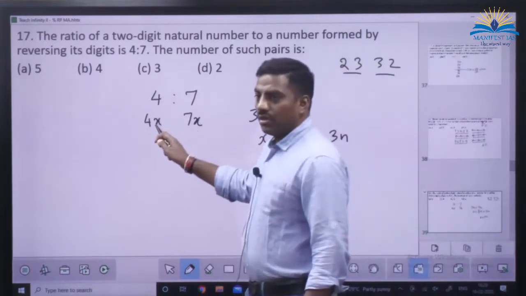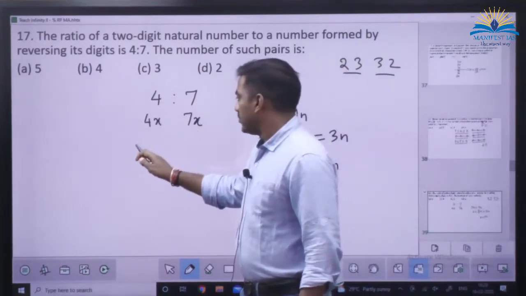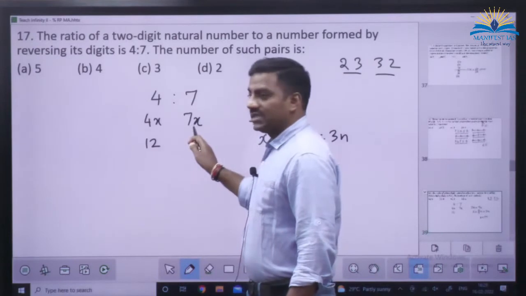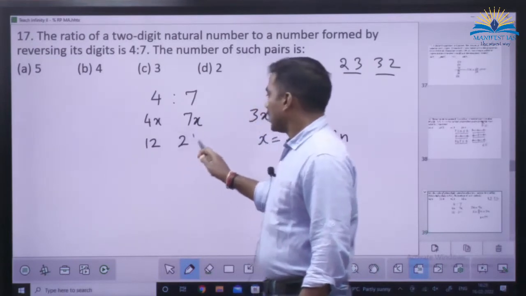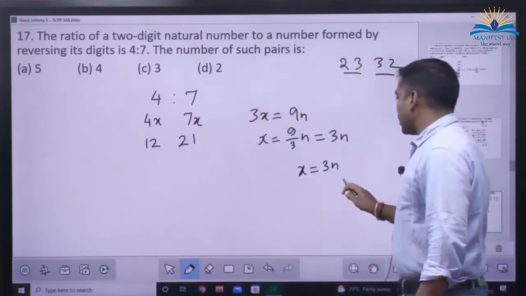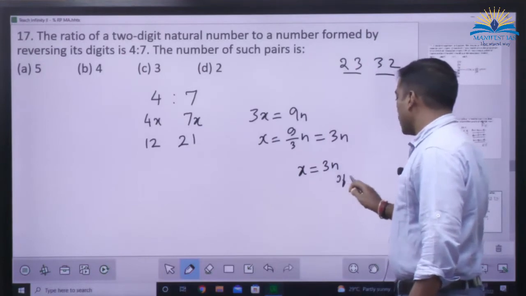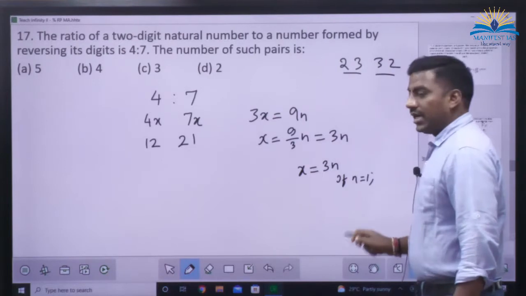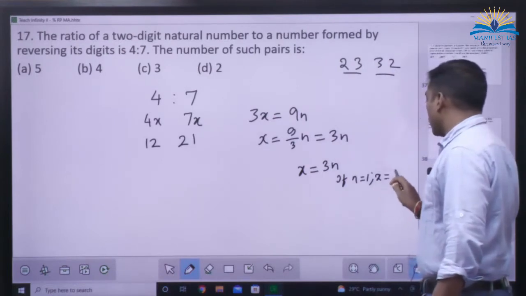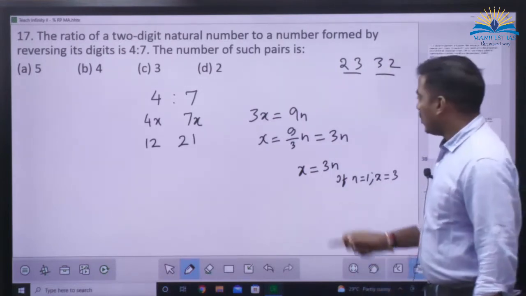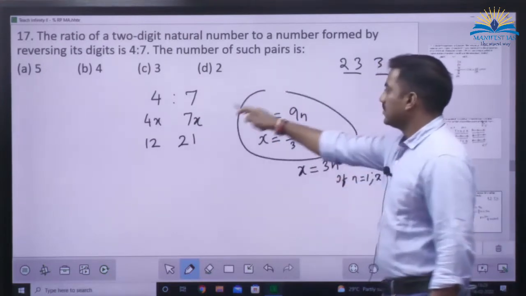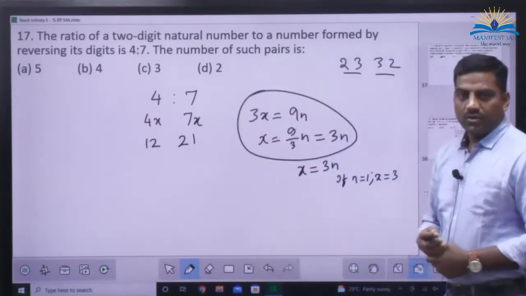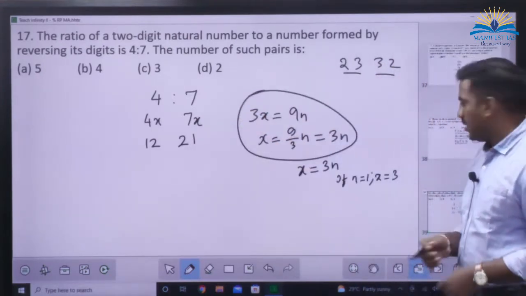So 4 3s are 12, 7 3s are 21. See, the whole understanding is this. If you get that, you can put many values to n.